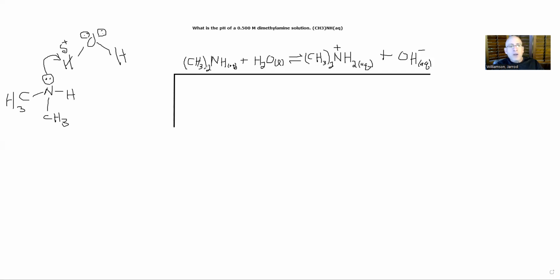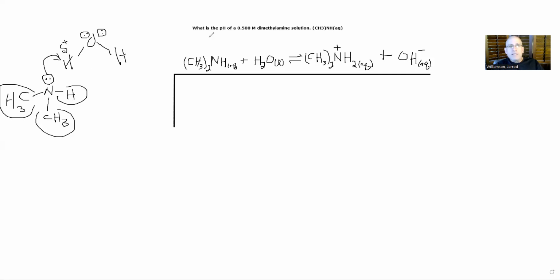And that's how we go from here, where I've got my two CH3s and my original H, to now having an extra H on it over here. That's because this lone pair of electrons was attracted to that electropositive hydrogen.